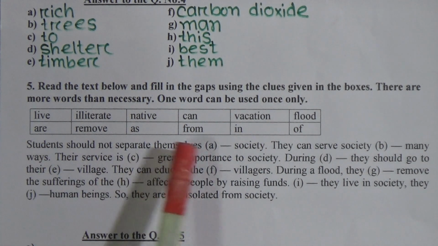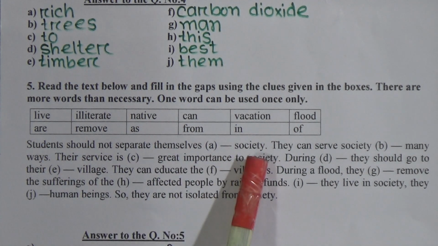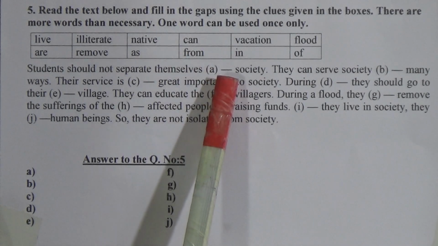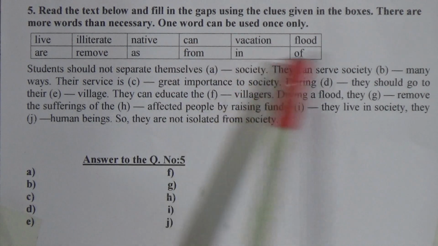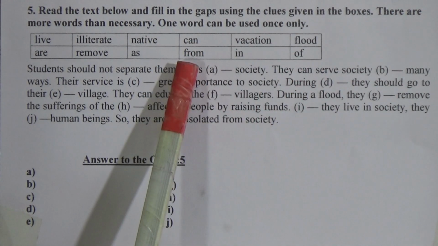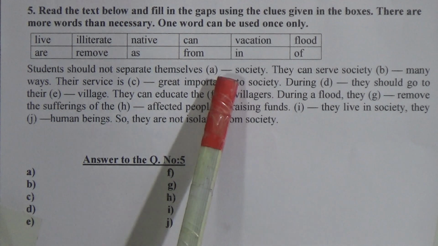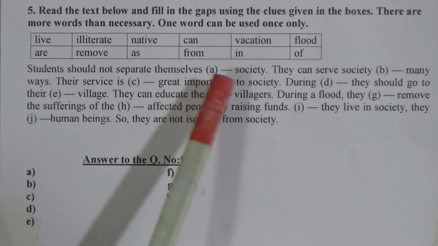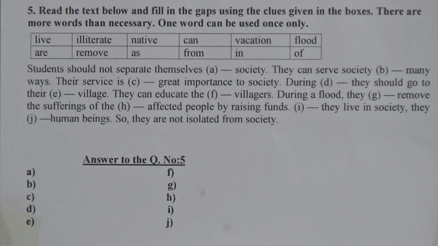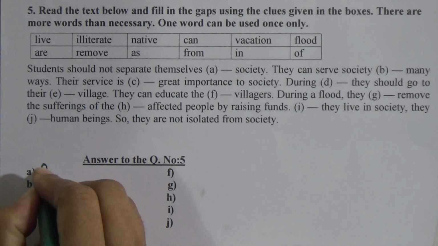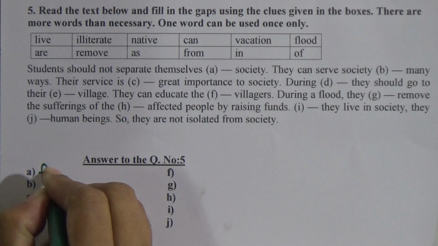Students should not separate themselves dash society. Can you guess? We have to use here a preposition. So here we find from, in, of. These are called prepositions. But which one is perfect here? Students should not separate themselves from society. So for gap number A, we have to write from.